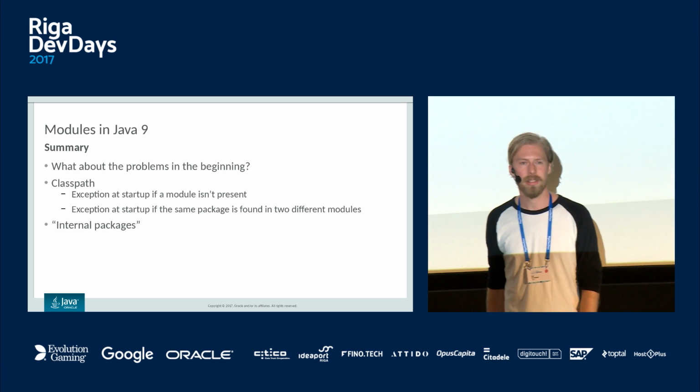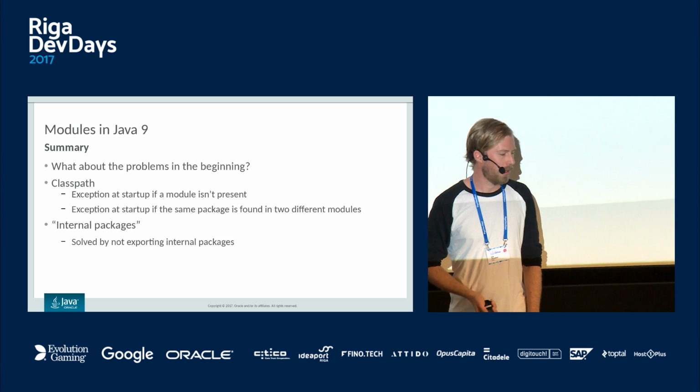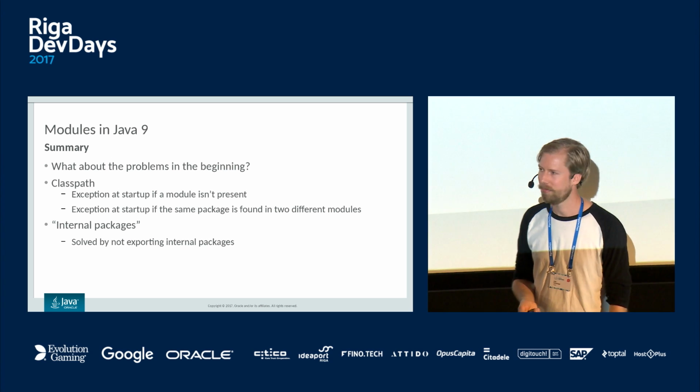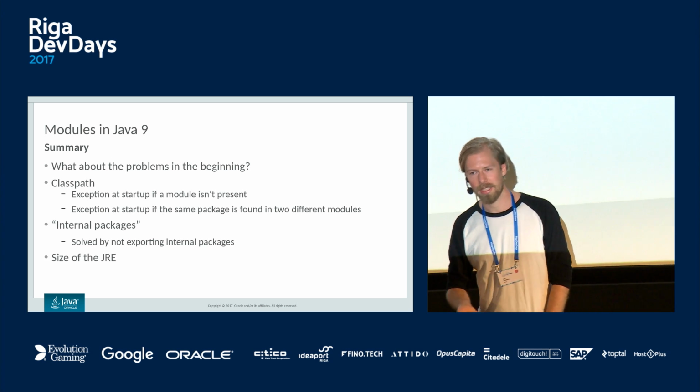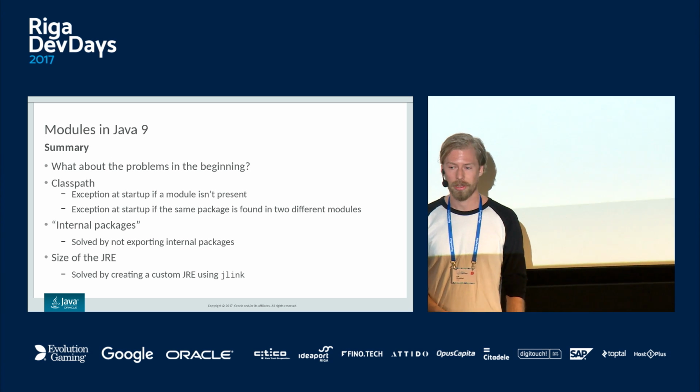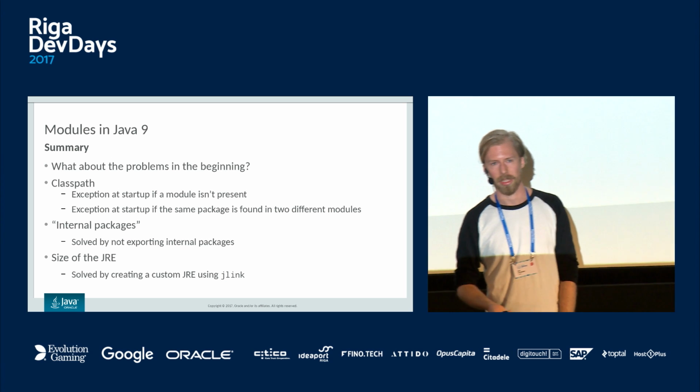Looking at the internal packages, well, we now know how to solve that. We will just not export the internal package from our module. And finally, the size of the JRE. Well, now you know that you can just use jlink to create a custom JRE that is much, much smaller.